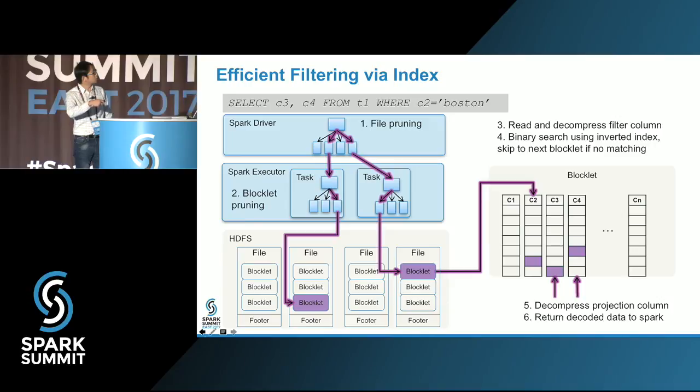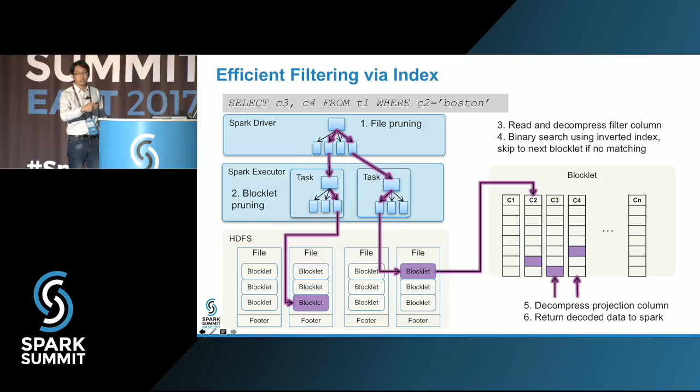In this example, you can see there are 4 files in HDFS, so there are 4 leaf nodes in the table level index. Suppose only 2 files contain records matching this predicate. So only 2 leaf nodes are hit, and 2 tasks will be sent to the executors.